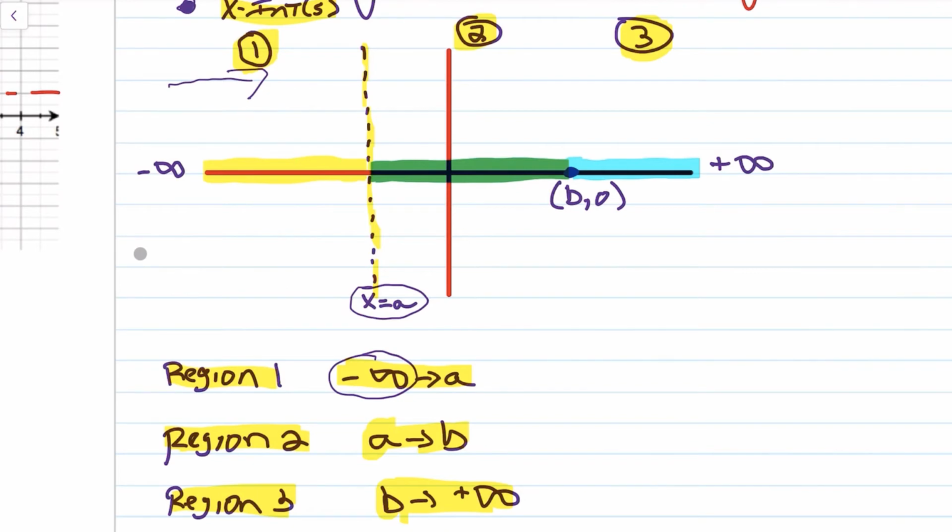So for instance, if when we do our test point and we determine that this point is, let's say, right up here, we know that every point in this test region from negative infinity all the way to that vertical asymptote has to be above the x-axis. If one point is above the x-axis, then every point is going to be above the x-axis in that region.